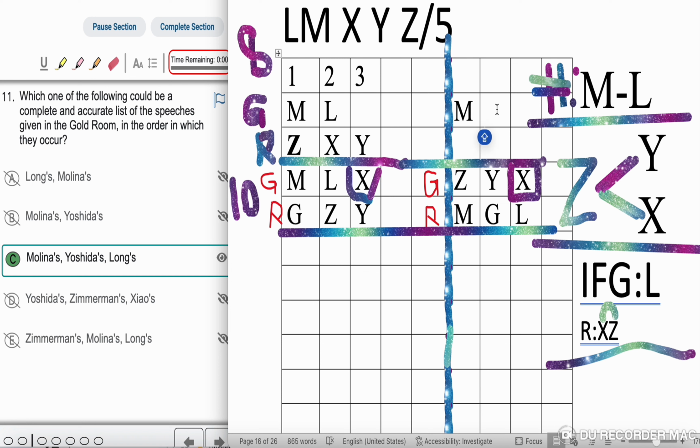The reason I'm asking you to copy it down is because it works, and in case we need to refer to this again, we're going to be able to. We could just put the letters in here between Z, X, and the last letter, those 5 right there.